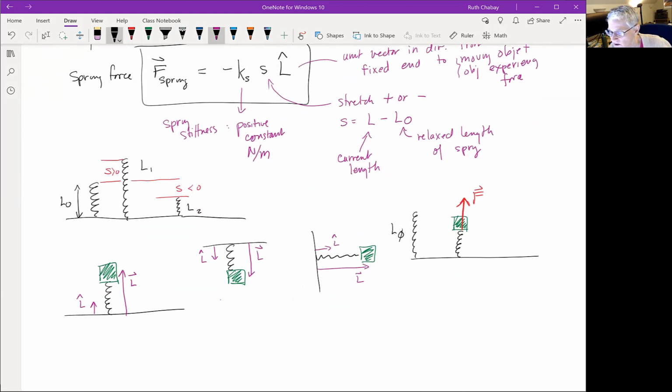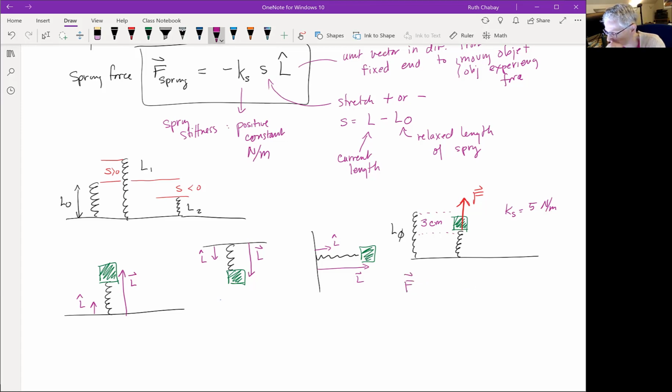Let's say the spring stiffness is 5 newtons per meter, and that distance is 3 centimeters. Then let's write the force as a vector.